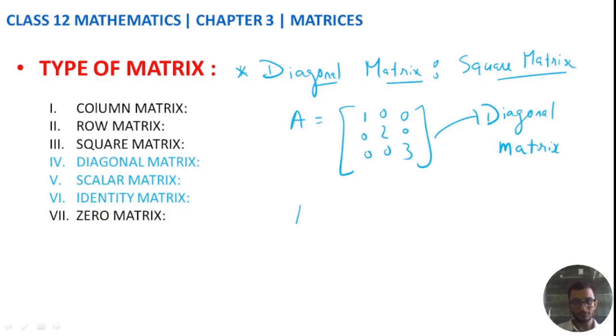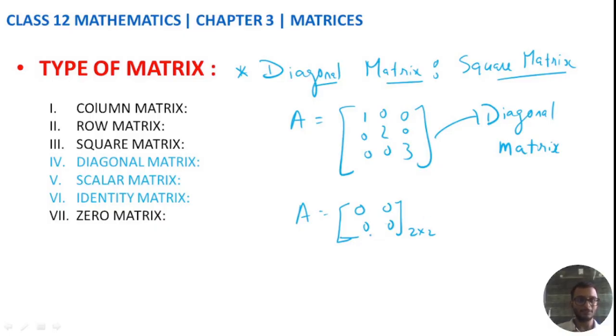Suppose I am writing it like this: 0, 0, 0, 0, 0. So let it be 2 cross 2 only. Still it is square, right? Can you tell me is this a diagonal matrix or not? You should pause it and first think whether it is a diagonal matrix or not. Okay, so this will be a diagonal matrix. Why?